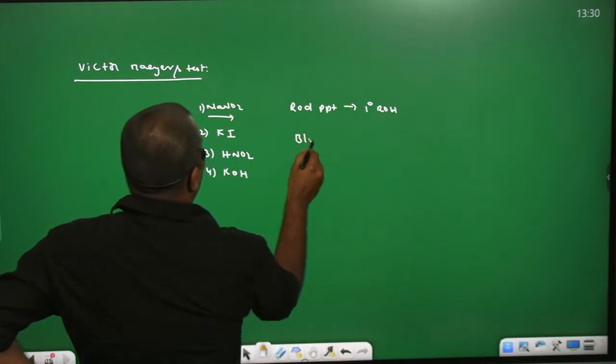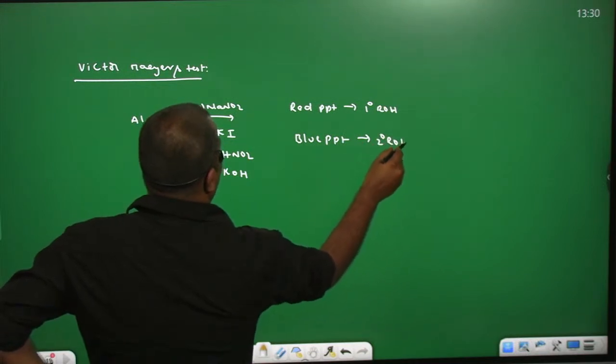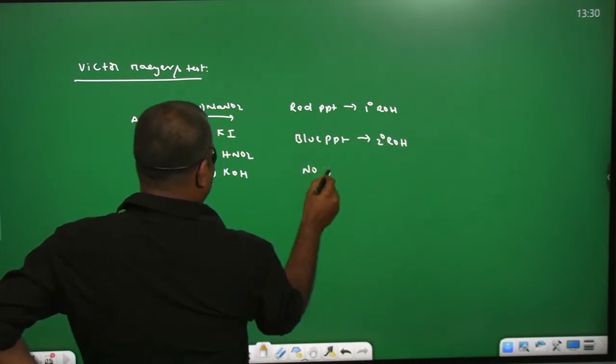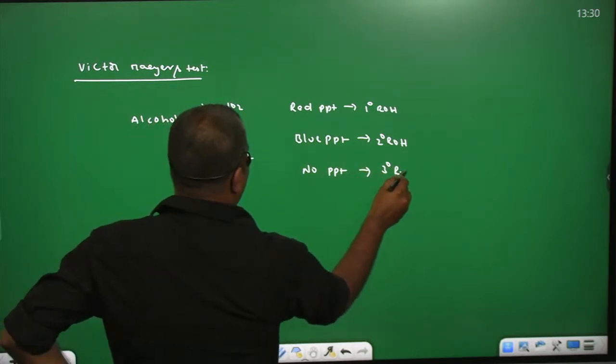If blue PPT forms, that indicates secondary alcohol. If no PPT forms at all, no color, that is tertiary alcohols.